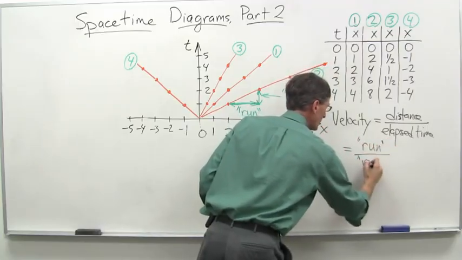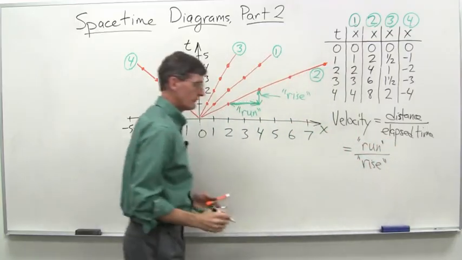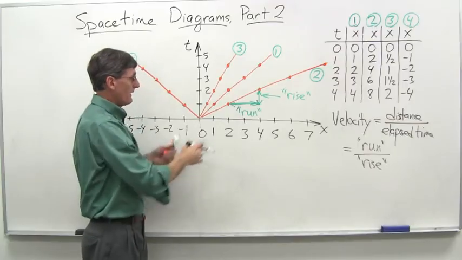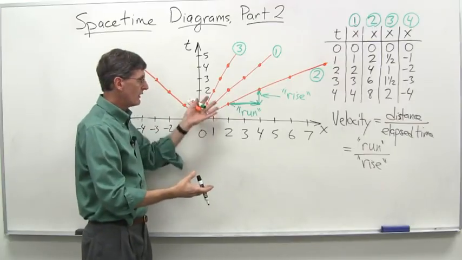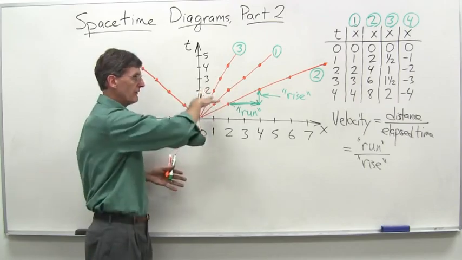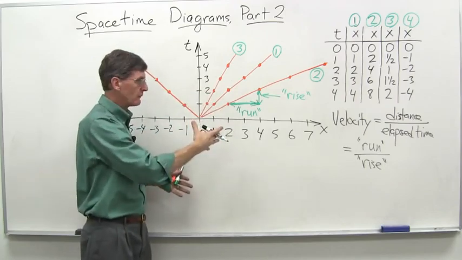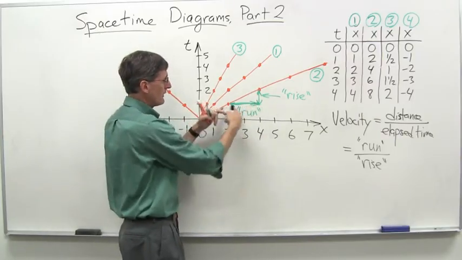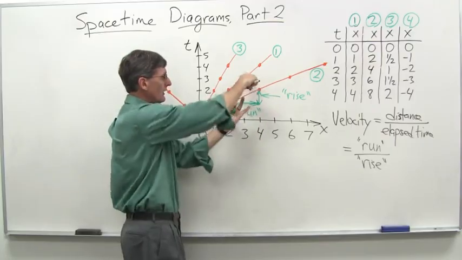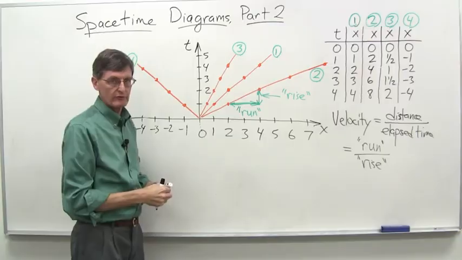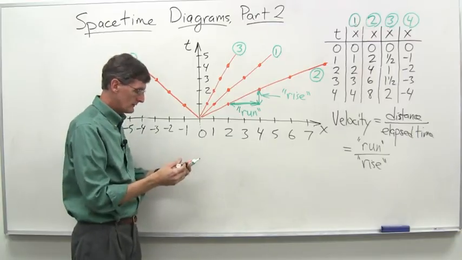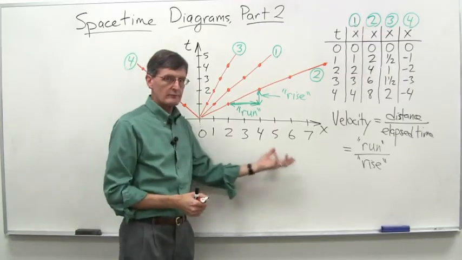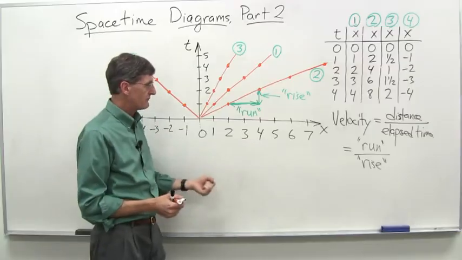So if I didn't have these numbers here, and I wanted to calculate the velocity of any given world line, or really the object whose motion the world line represents, I just pick 2 points and calculate how far has it gone, the run, and how long did it take, the rise, and that's the velocity for me. You might say, okay, that's again not too complicated or complex. You're stating almost the obvious here.